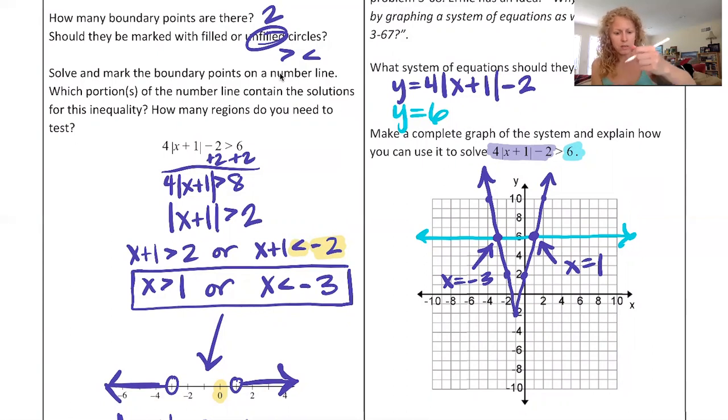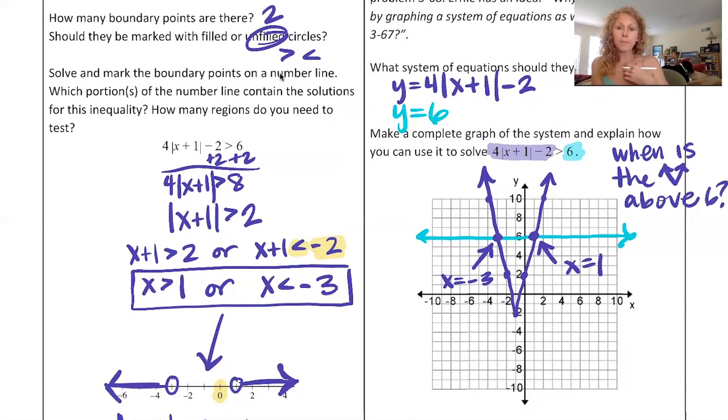So the question in words is, when is the absolute value above 6? Well, to answer that question, it's pretty straightforward. It's actually anything on the outsides of this. So our answer from the graph matches exactly what we did over here. It's when x is smaller than -3 or when x is greater than 1.